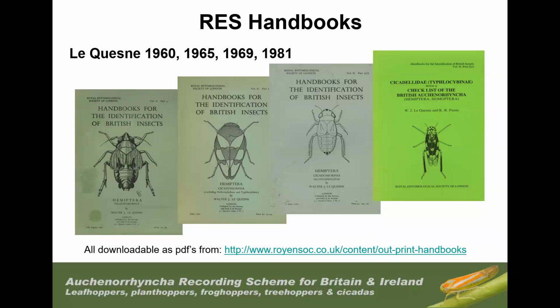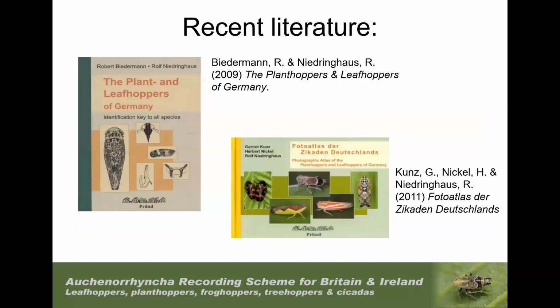After you've keyed them through the standard keys, you're then given some pretty full descriptions to be able to match against the specimen that you're looking at. I find them very, very useful. So by all means, of course, download them, as I say, as PDFs from the Royal EntSoc website.